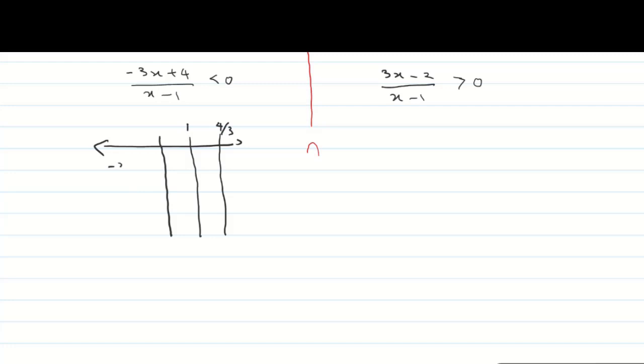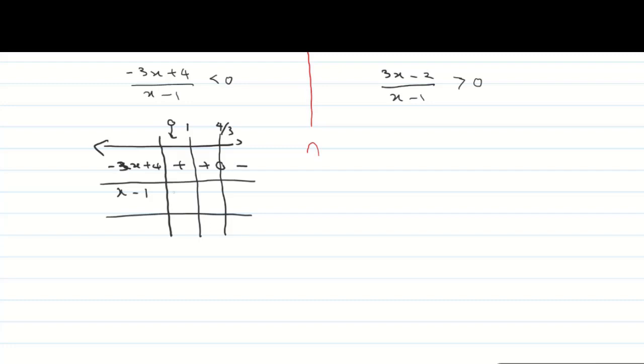List down all the factors. So we have negative 3x plus 4, x minus 1. Negative 3x plus 4, 4 over 3 will make it 0. Choose, let's say, the value of 0 here. So when we substitute into the expression, we have here positive. So on the left side is positive, the right side is negative.